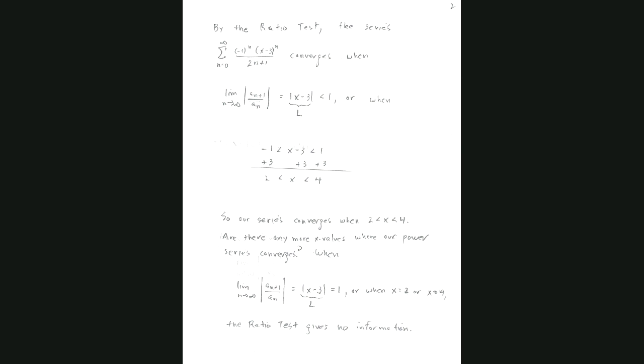So the key is taking that absolute value of x minus 3 and setting it less than 1. If the absolute value of x minus 3 is less than 1, that means x minus 3 is greater than -1 and less than 1, which is equivalent to saying that x is between 2 and 4. Are there any questions there?